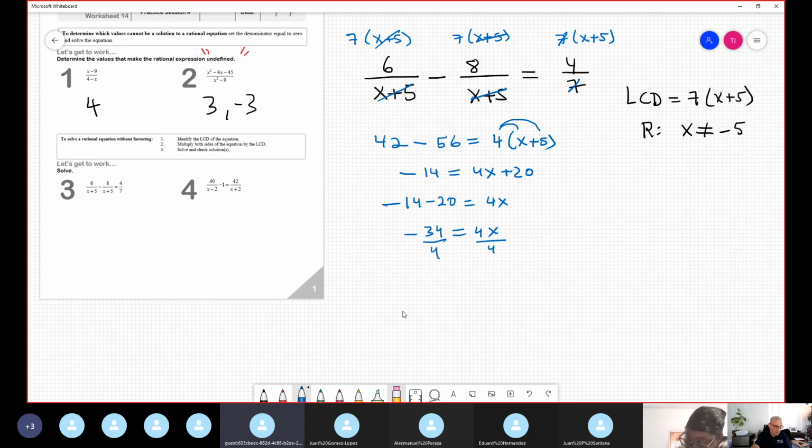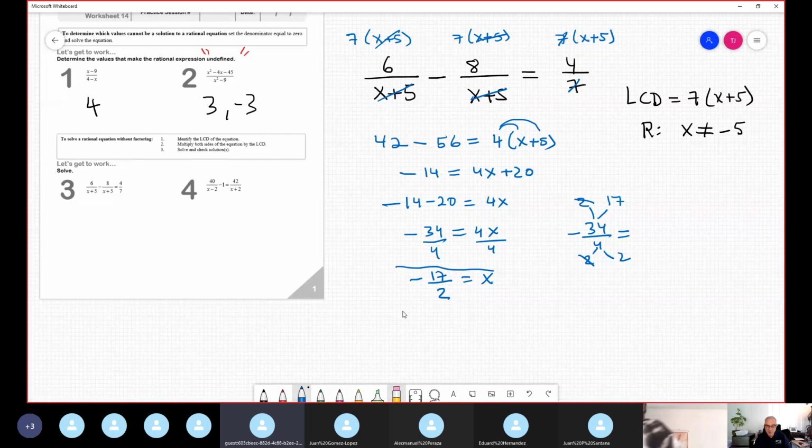Actually, it's -34 divided by 4. But we can reduce to lowest terms because I know that 34 is 2 times 17 and this is 2 times 2. We cancel out the greatest common factor, 2, and stay with 17 over 2.